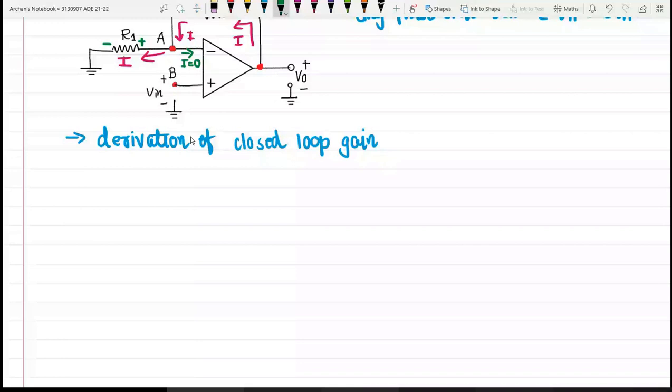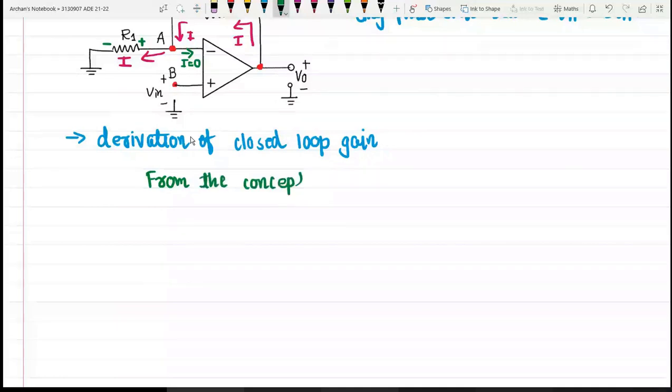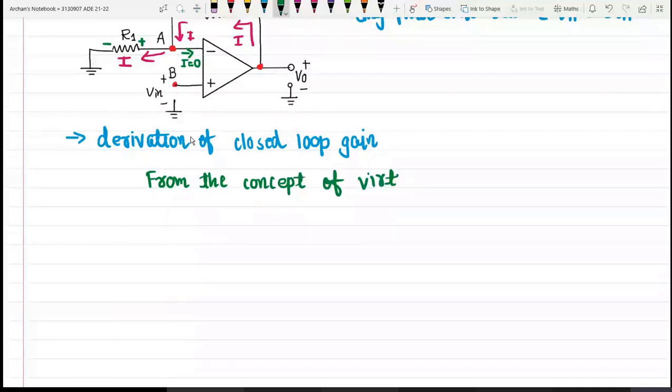From the concept of virtual short, we have VA equal to VB, and that is equal to V in. Let us call this equation number 1.